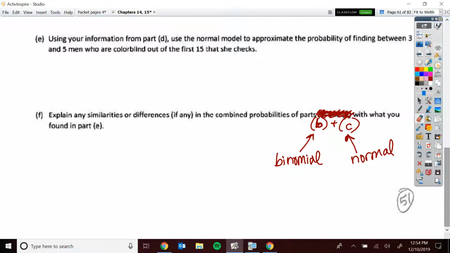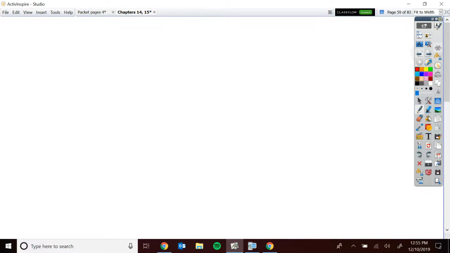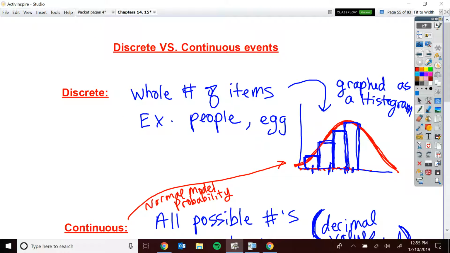The last problem, F, on page 51, has C and D written there, but it needs to be part B and part C instead. Okay, because we're going to compare doing probability two different ways and see how close they are to each other.